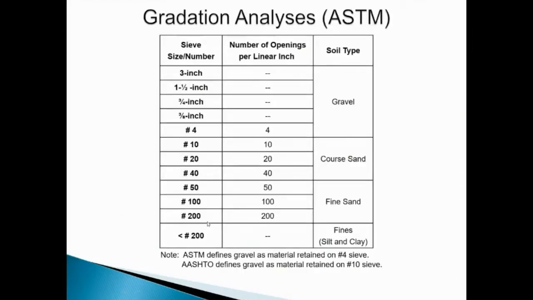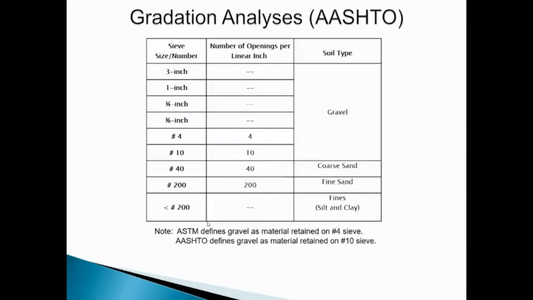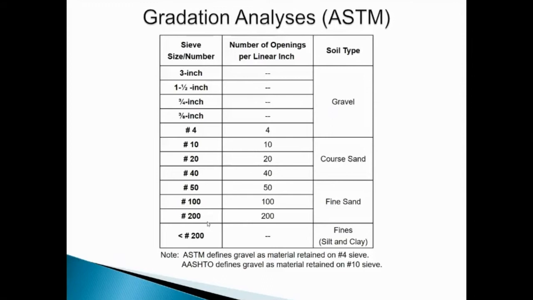In the geotechnical industry, you will be presented with two main types of gradation analysis testing, two methods. First being ASTM, and the second being AASHTO, and there are some differences between these two methods. ASTM defines gravel as that which is retained on the number 4 sieve.